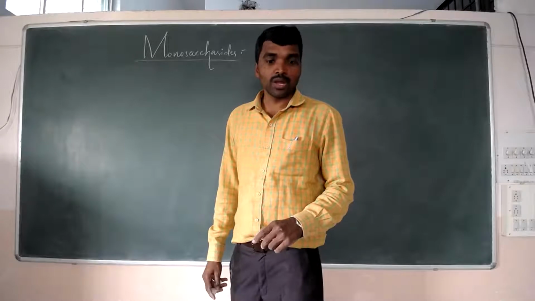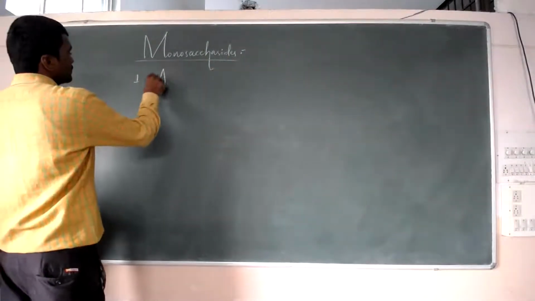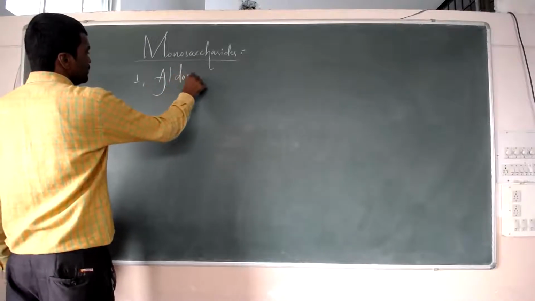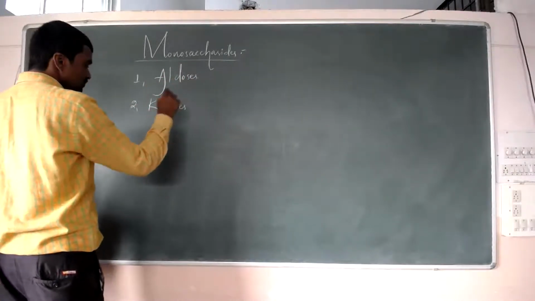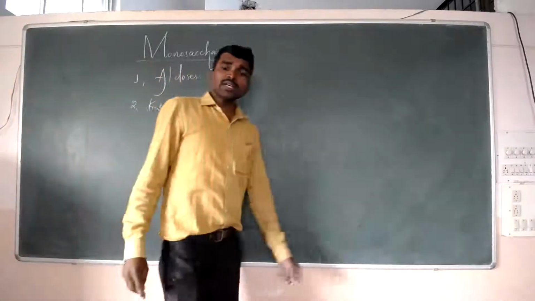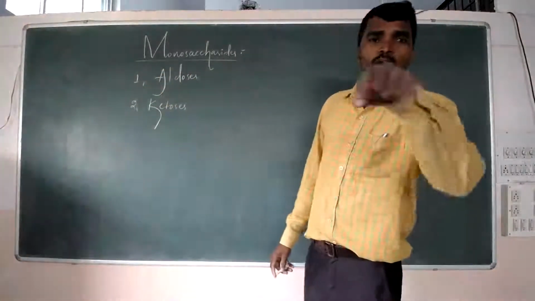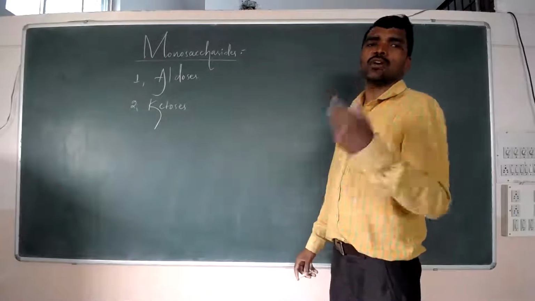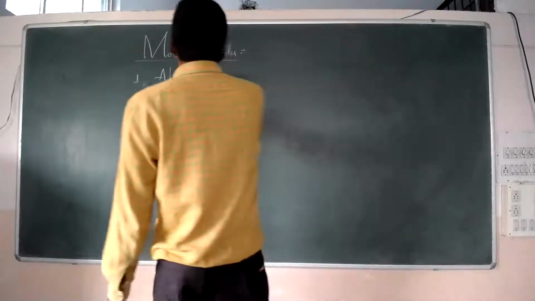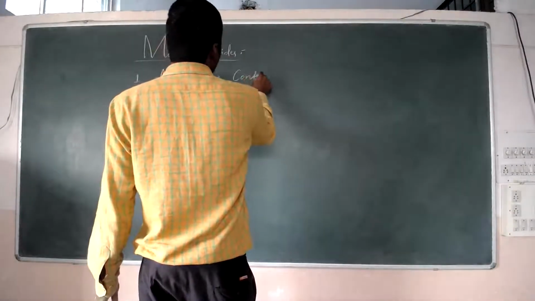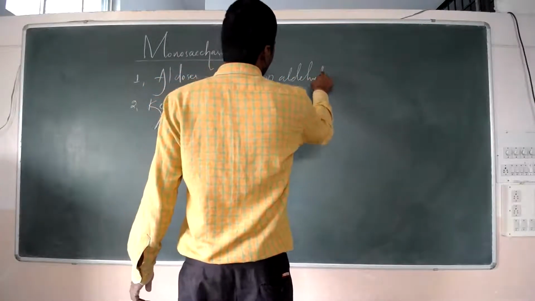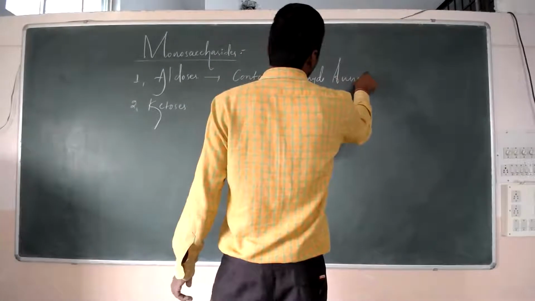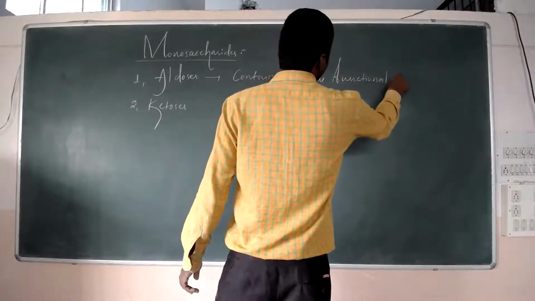Aldoses and ketoses. Carbohydrates having the aldehyde functional group are aldoses. Aldoses contain the aldehyde functional group.